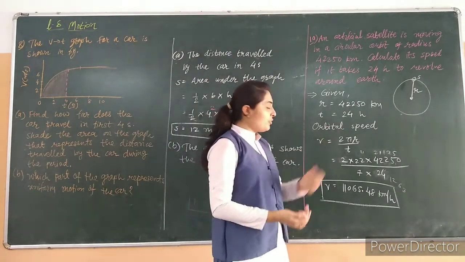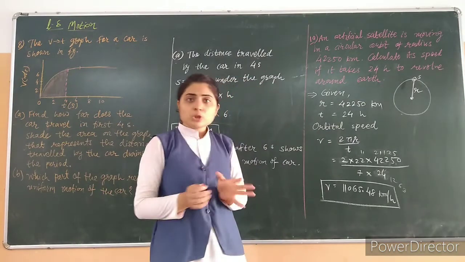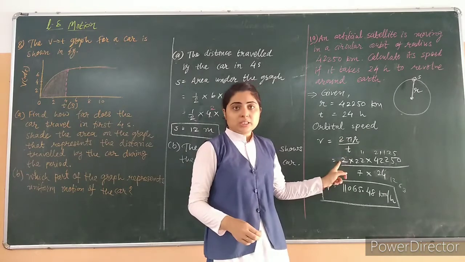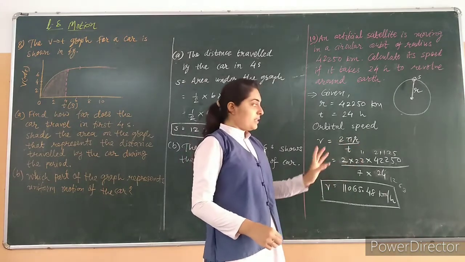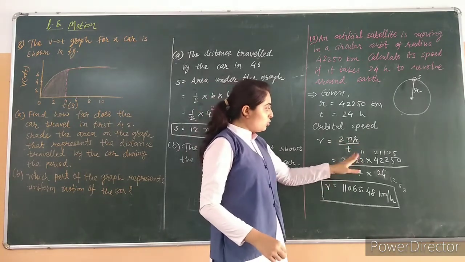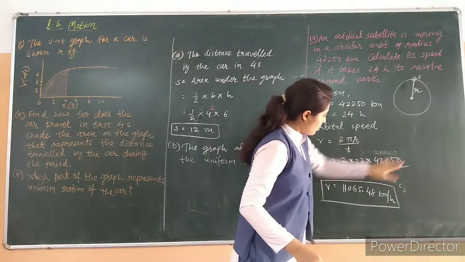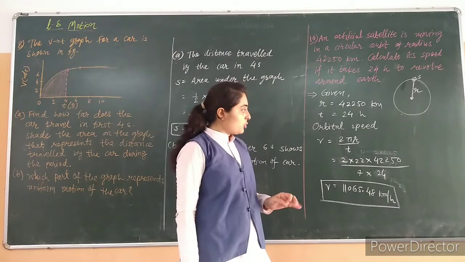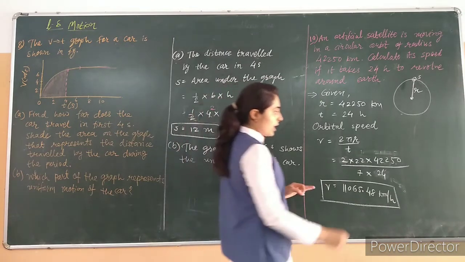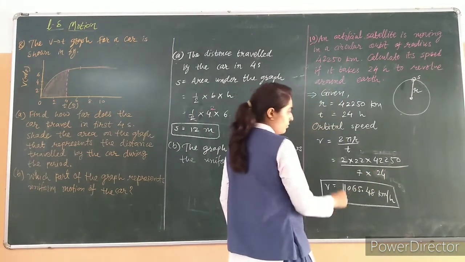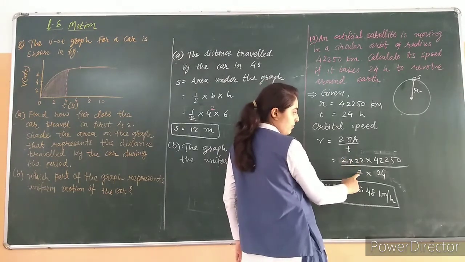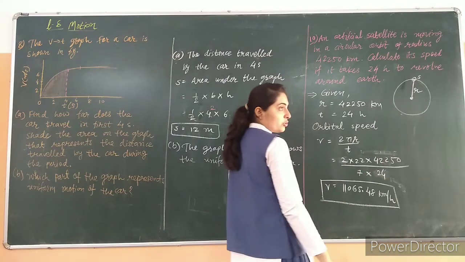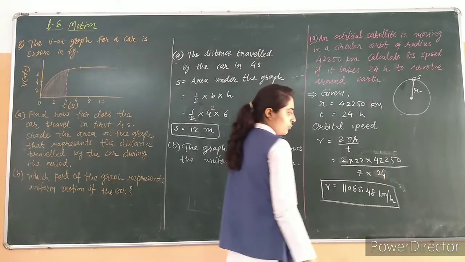So orbital speed v is equal to, for uniform circular motion, the speed formula 2 pi r upon t. We have r and t. So put the values: 2 into 22 by 7 into 42,250 upon 24.